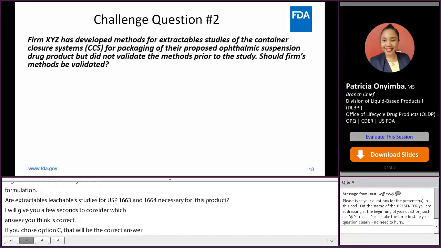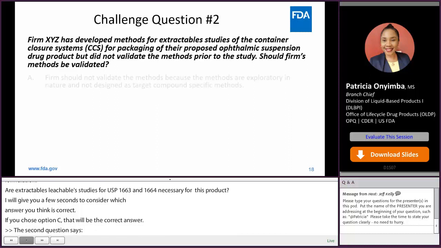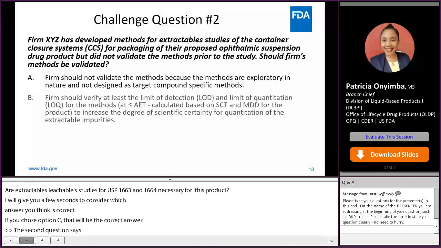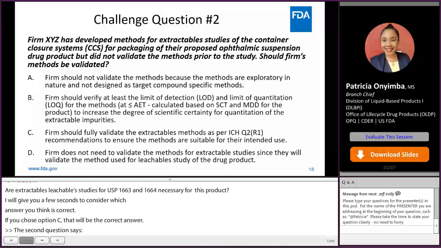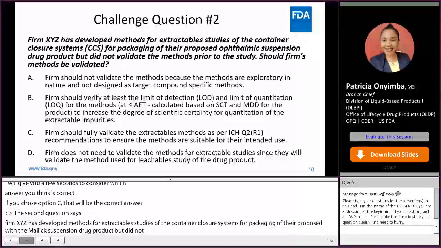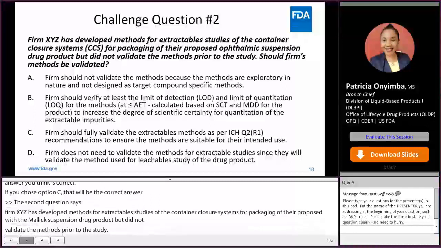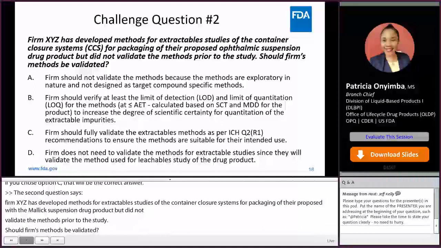The second question says, a firm from XYZ has developed methods for extractable studies of the container closure systems for packaging of their proposed ophthalmic suspension drug product, but did not validate the methods prior to the study. Should firms' methods be validated?